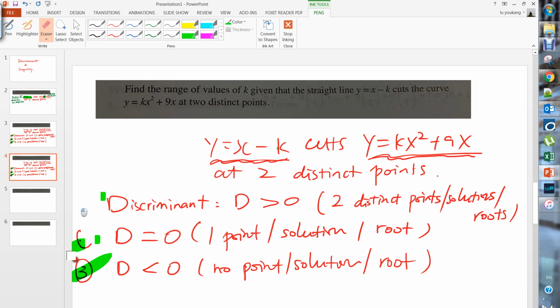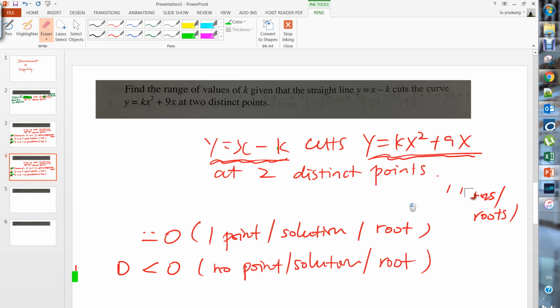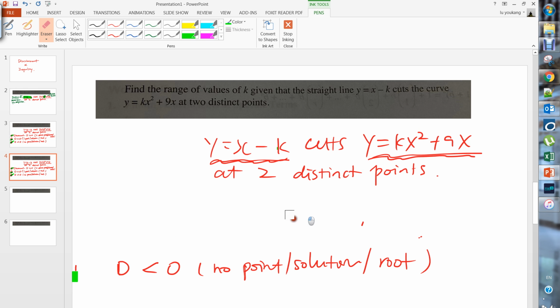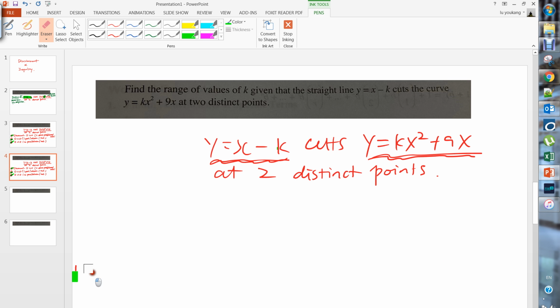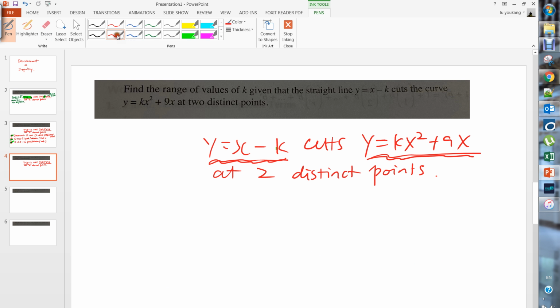As you can see, the question says the straight line cuts the curve at two distinct points. Two distinct points means two solutions, right?